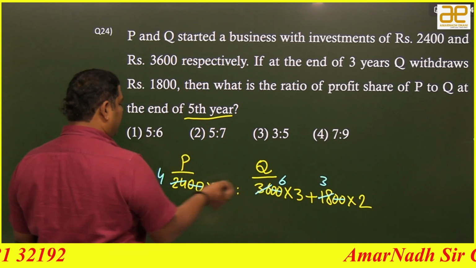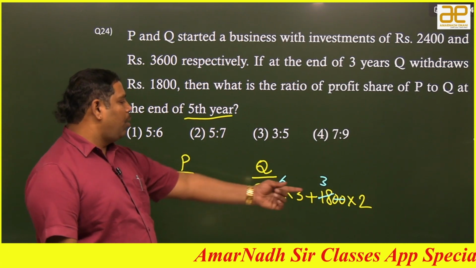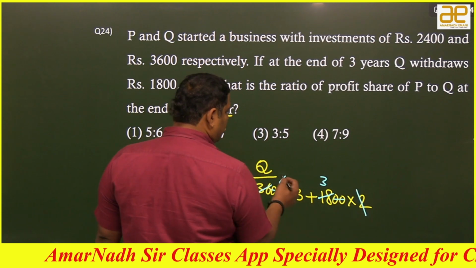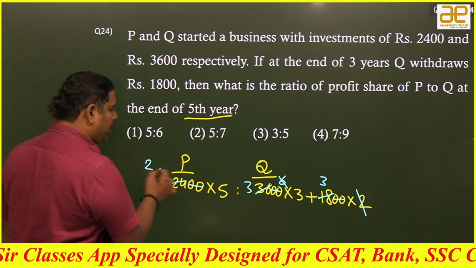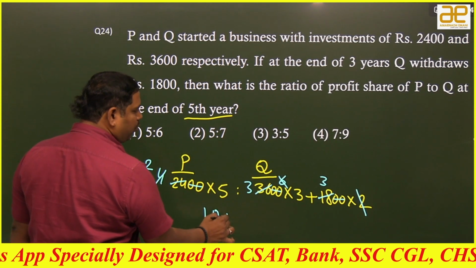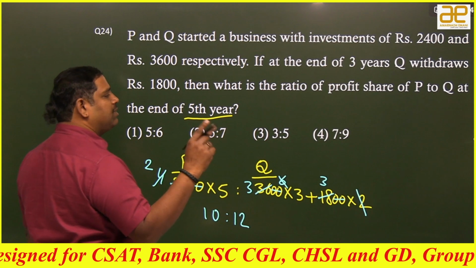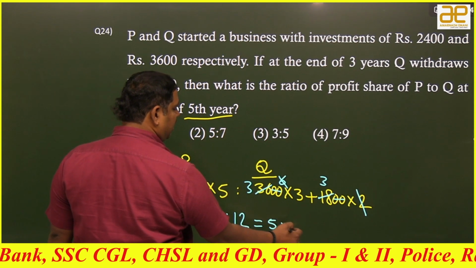If I take 6 common, that 6 is cancelled here. Still in these two I can take 2 common, right? Right or wrong? I am taking 2 common. So 2 means it will become 3. 2 outside, that 2 cancels here. Okay, 2 5s are 10, 3 3s are 9, plus 3 is 12. So still I can cancel with 2, right? Okay, its ratio is 5 is to 6 is the answer.